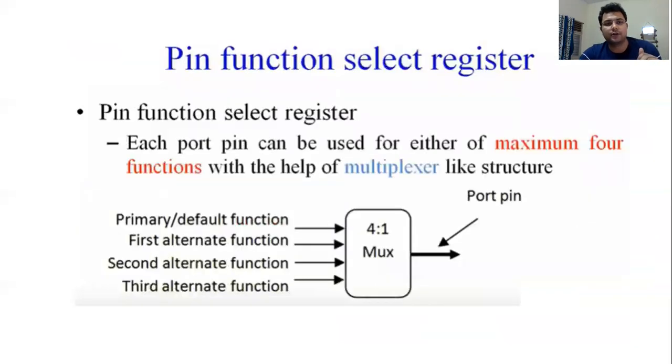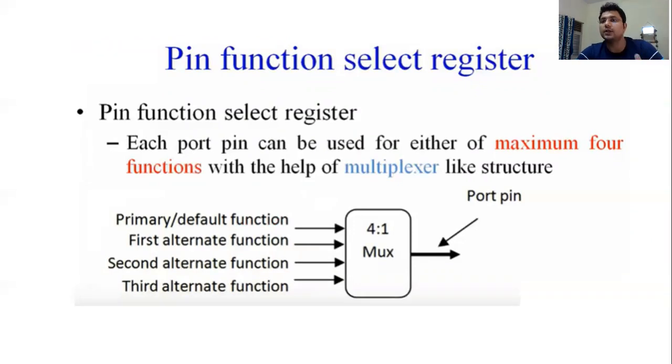So here you have a multiplexer of size 4 cross 1, because 4 inputs are there, and it has to select only one input. That input corresponds to our functions. The first function is the default function, that is GPIO, general purpose input output. If we want to use that pin as general purpose input output, that is the default function.